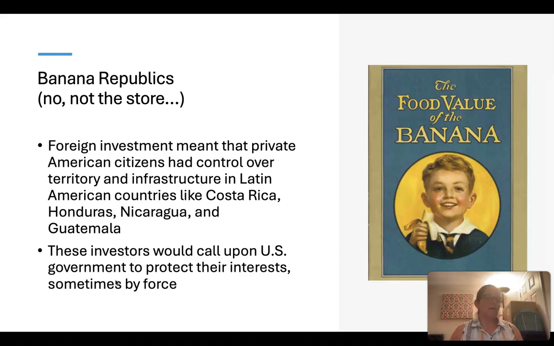So he begins to make an enormous amount of money exporting bananas along these railroad tracks, which he also basically owns, to ports along the Atlantic. He becomes so wealthy, so influential, he actually marries the daughter of the former Costa Rican president. And in 1883, he takes over some of the British land that was owned in Costa Rica. He ends up getting about 7% of all the land in Costa Rica.